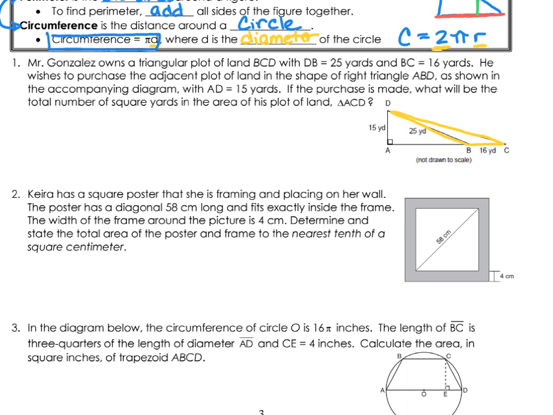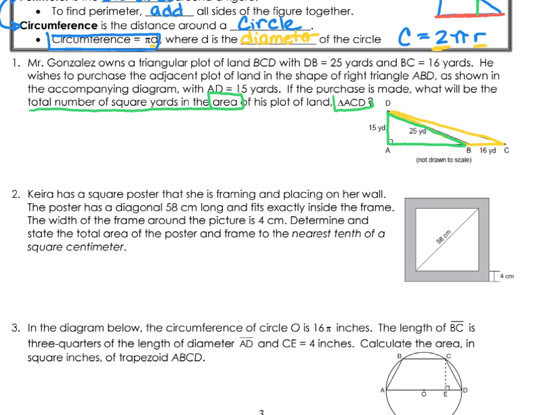He wishes to purchase the adjacent plot of land in the shape of right triangle ABD, so he wants to purchase this piece here, as shown in the accompanying diagram, with AD equaling 15 yards. If the purchase is made, what will be the total number of square yards in the area of his plot of land called triangle ADC?